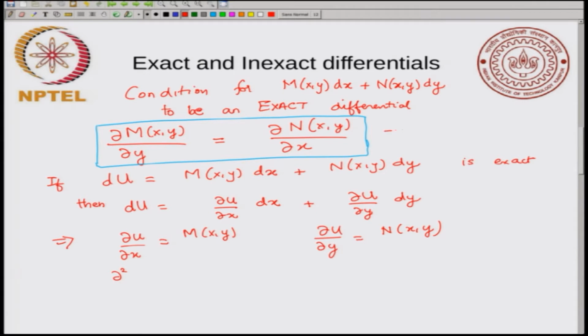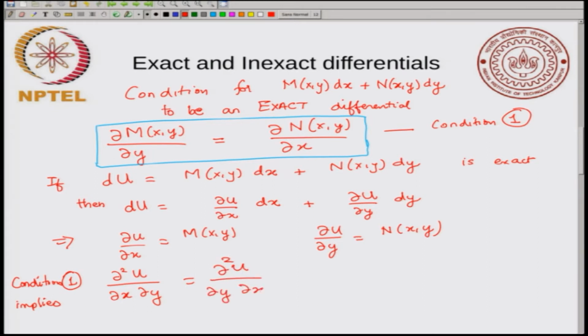I will call this condition 1. So, condition 1 implies ∂²u/∂x∂y is equal to ∂²u/∂y∂x. Okay. And if u is a smooth function of x, y, then this is satisfied.